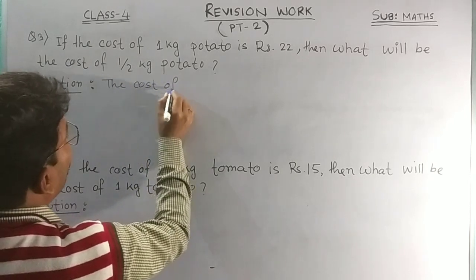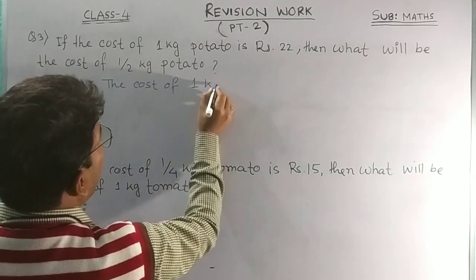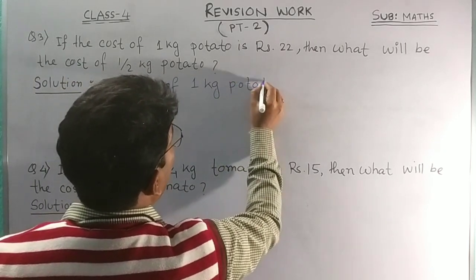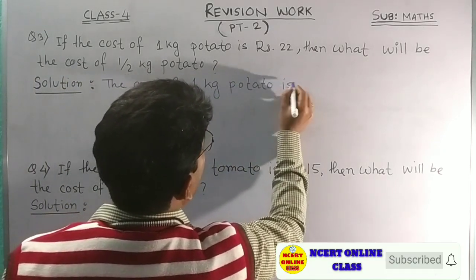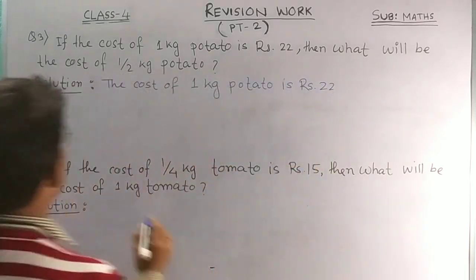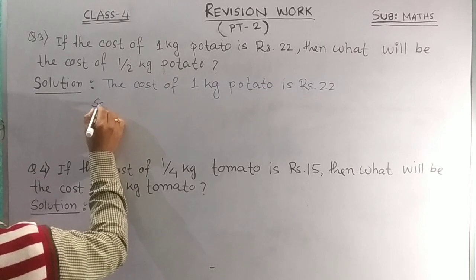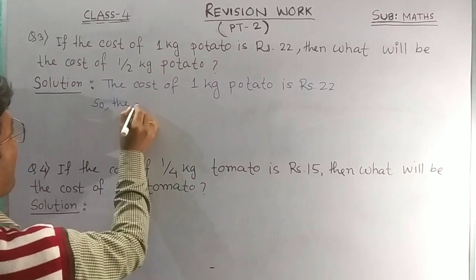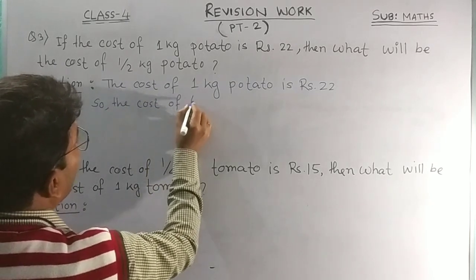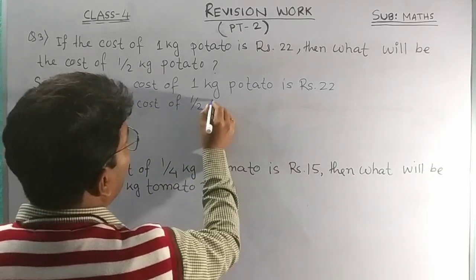The cost of 1 kg potato is rupees 22. So the cost of half kg means 500 gram.